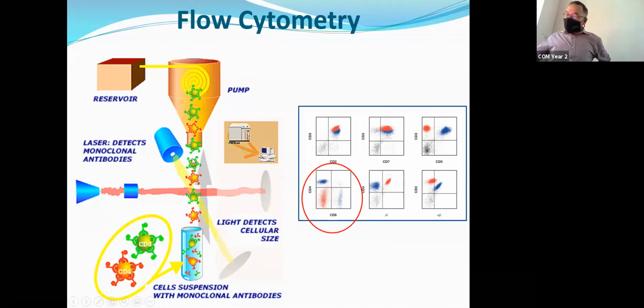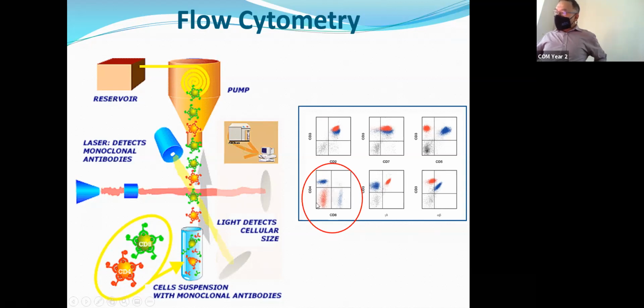And as these cells come down, there are laser beams hitting into this stream of liquid, such that every cell which is tagged with a particular antibody of a particular tag will flash a signal. And these signals are then picked up by the computer, and you basically get a readout like this.